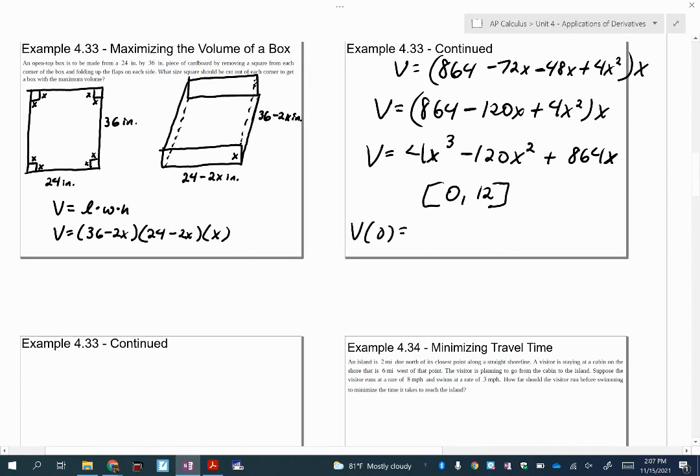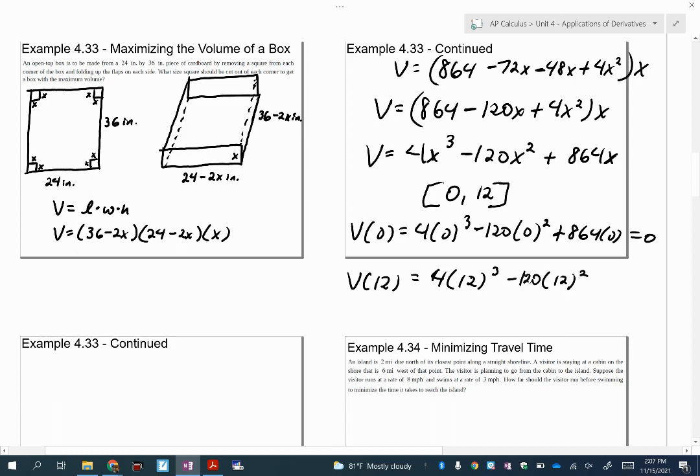So plug in 0. Obviously, that's going to be 0. Plug in 12. So that's going to be 4 times 12 cubed minus 120 times 12 squared plus 864 times 12.